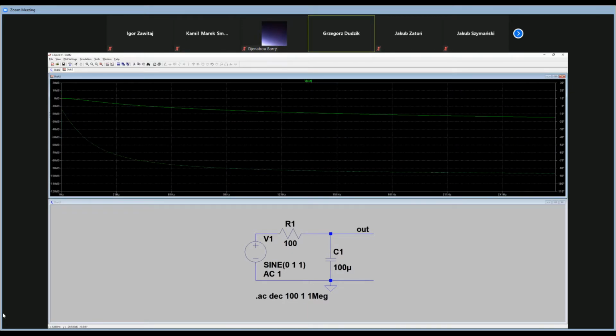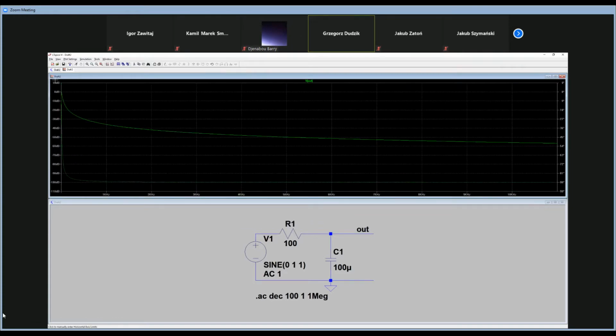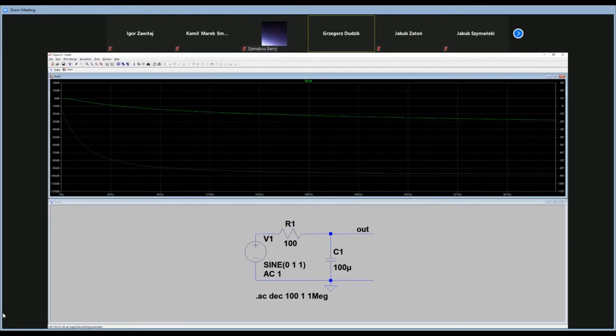Okay, so the characteristic is starting from 0 decibels and going maybe that. Oh, maybe that is going from 0 and starting to decrease like that. Okay.